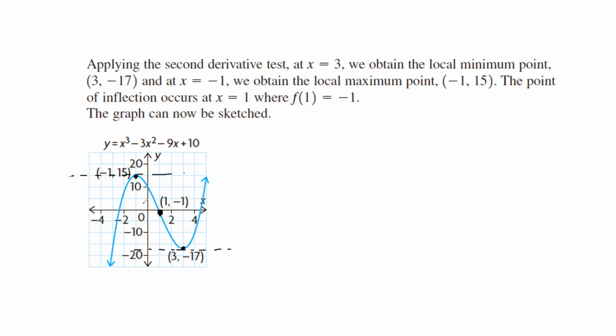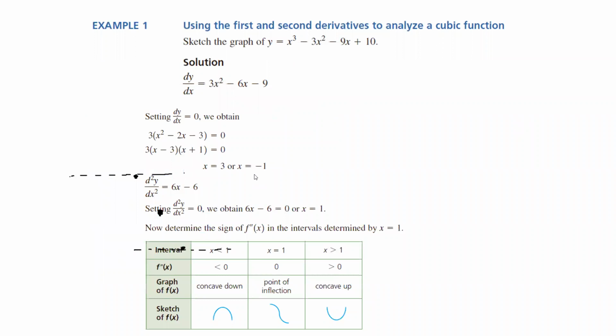So applying the second derivative test at x equals 3, we obtain the local minimum point. How would we apply the second derivative at x equals 3? I would substitute x for 3 in this point. If the sign of my second derivative is positive and x equals 3 is a critical point, thus it's a local minimum.